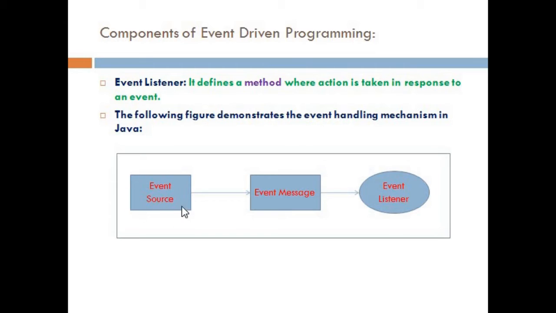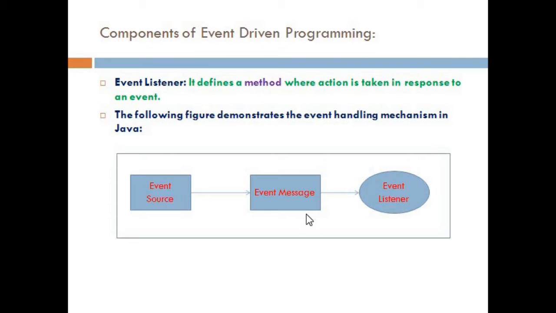And once the event source generates an event, an object is generated. That object is depicted by this second box. The object describes the source and nature of the event, and we call that object the event message object.